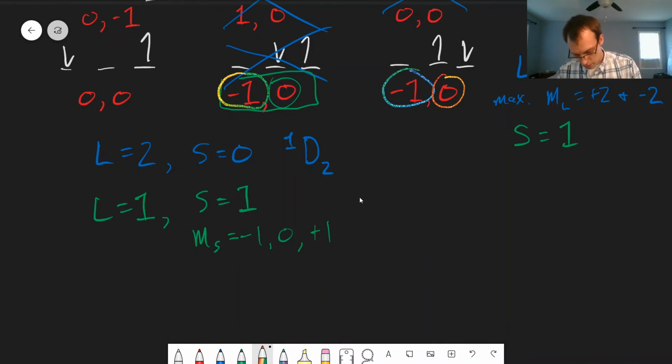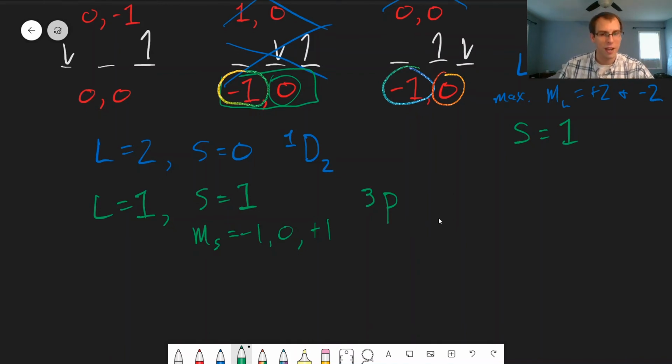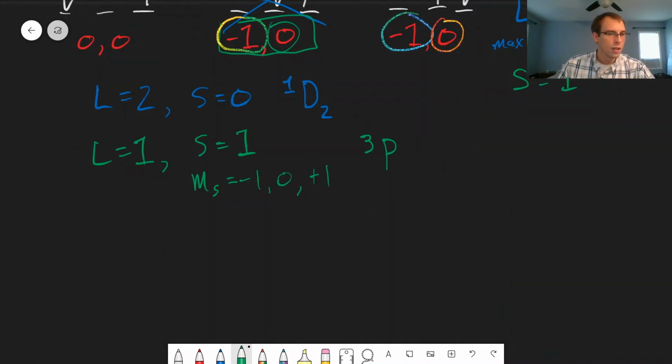Okay, and so that is going to be a triplet P2 term, a triplet P state. All right, well, actually, we can't define specifically what J, there's going to be multiple J values here. Okay, so there's 9 possibilities there.